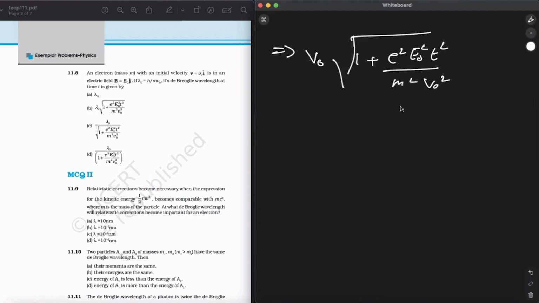Now the de Broglie wavelength was initially what? Lambda dash equals h upon m v.